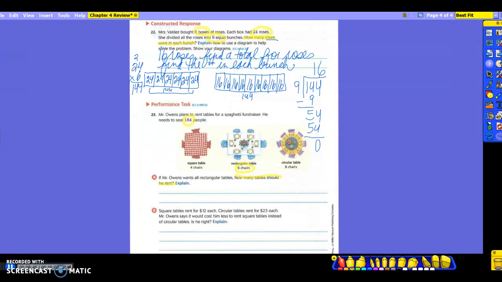So there wasn't any of the information I needed in the question. It was all either in the picture or in the background information. So you've got to know where to pull your information from. If he's wanting all of those rectangular tables, we need to know, if he wants to seat 184 people, how many tables it's going to take.